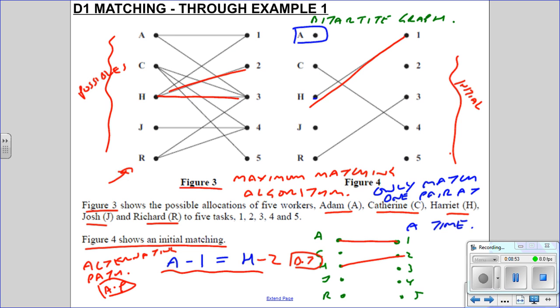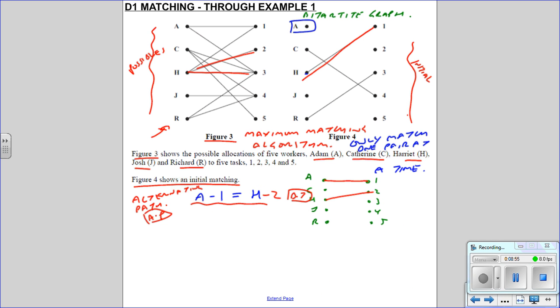So A.P., and how would I start my algorithm? Well, I would say where it is I'm trying to go. So I've done it informally here, now I'm going to do it formally for you. So I'm going to say alternating path, and I'm going from A, aren't I? And I want to go to a missing node, so 2 or 5 is available. I don't know which one I'm going to go to yet, all right?